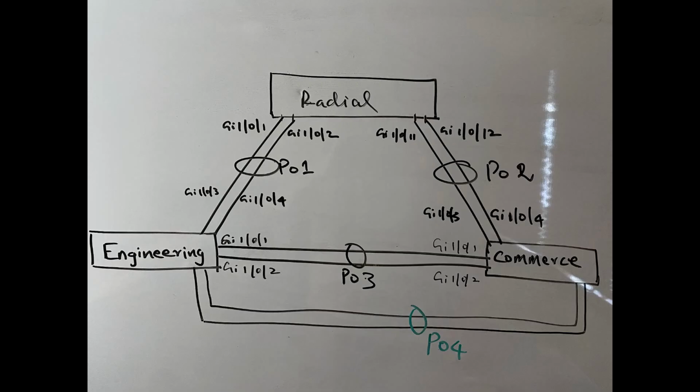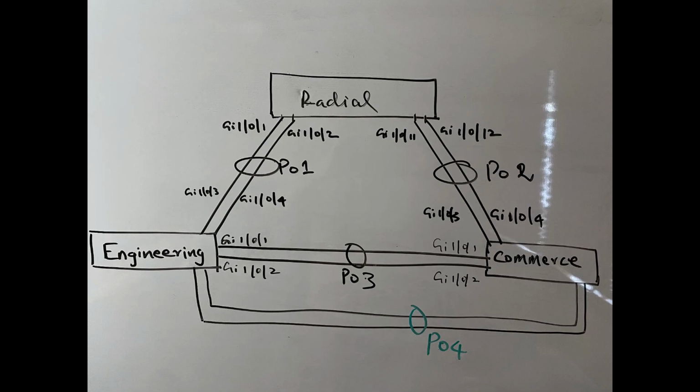Alright, so that has been configured now, and I have used PAgP for port channel 1 between radial and engineering. Port channel 2 I used between commerce and the radial.